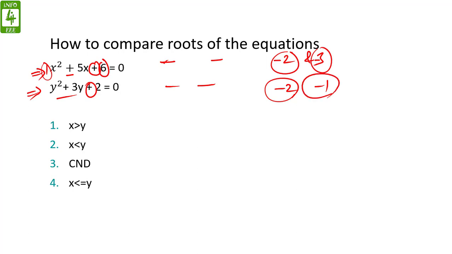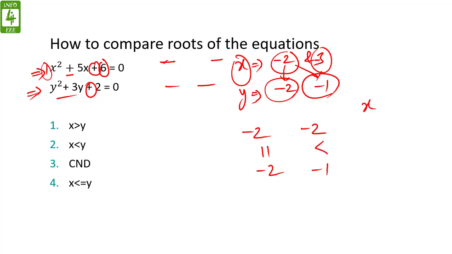Okay, perfect. Now you need to compare these roots. These are the values of x and these are the values of y. Now you need to understand that in negative numbers, the smaller value is greater, right? So you will compare this x with all these values. Minus 2 you will compare with minus 2, and minus 2 you will compare with 1. Both minus 2 are equal, this minus 2 is less, so x is less than or equal to y in this first case.